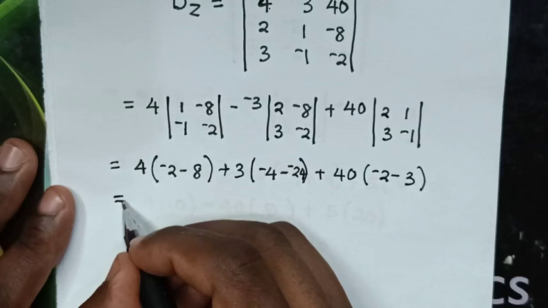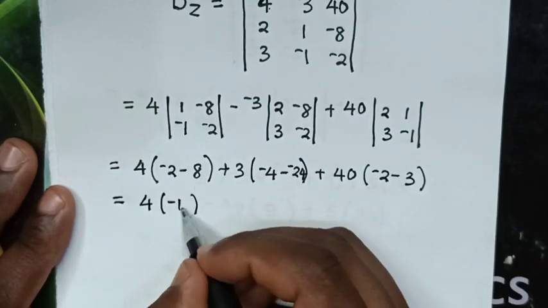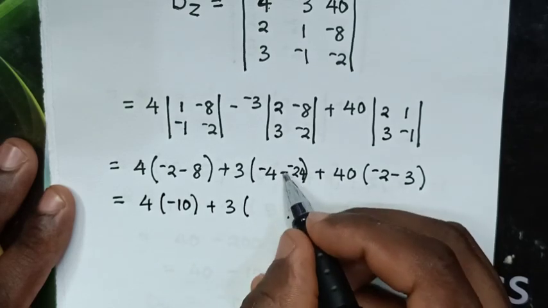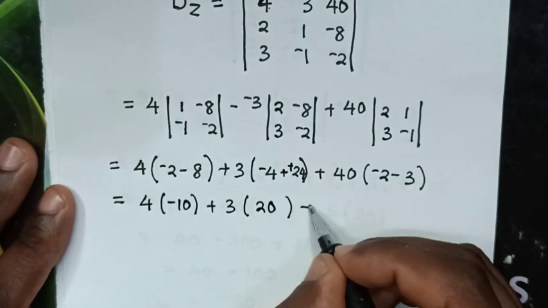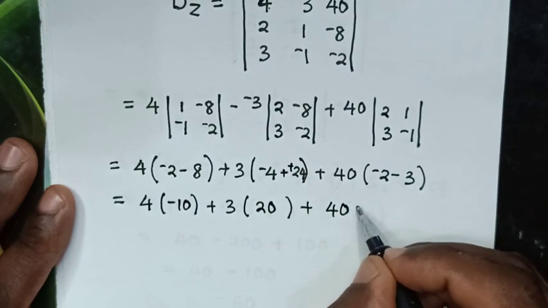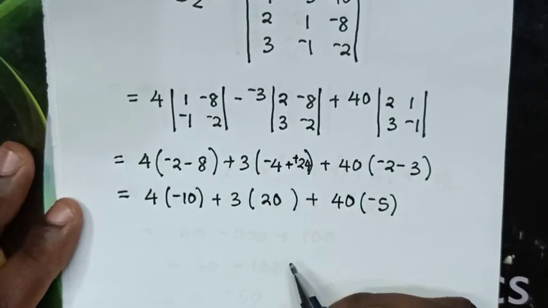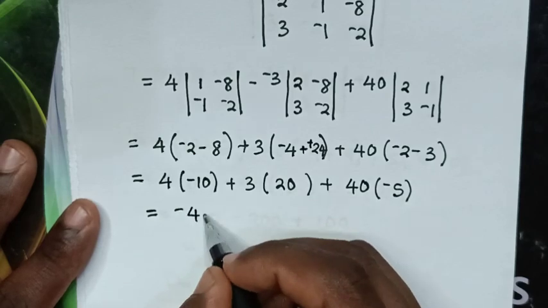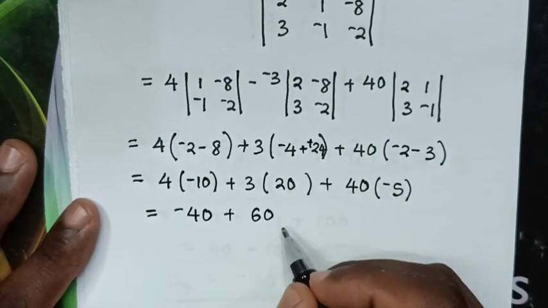Then it will be equal to 4, then bracket, this and this to be negative 10, plus 3, bracket, in here it will be positive, negative 4 plus 24, it is positive 20, plus 40, then bracket, negative 2, negative 3 is negative 5. Then it will be equal to 4 times negative 10 is negative 40, then plus 3 times 20 is 60.